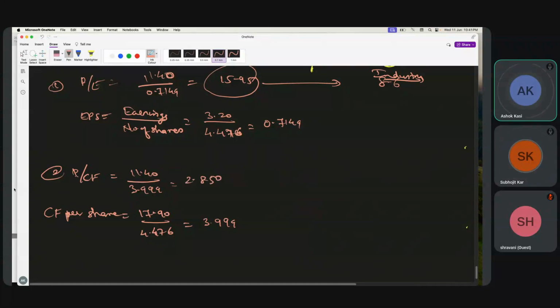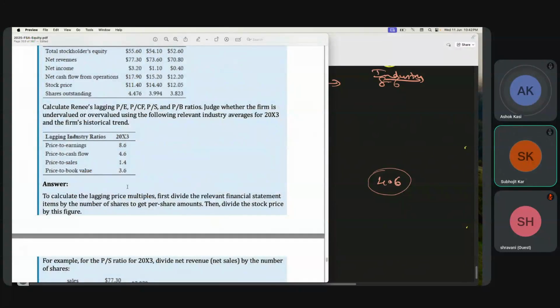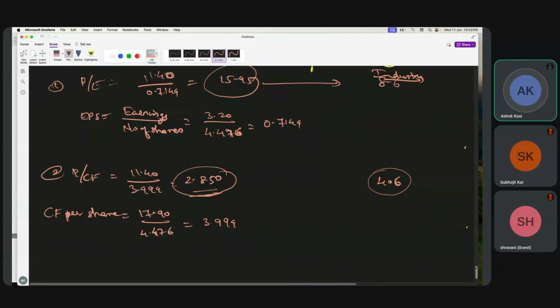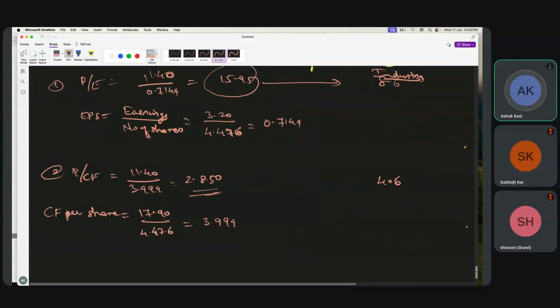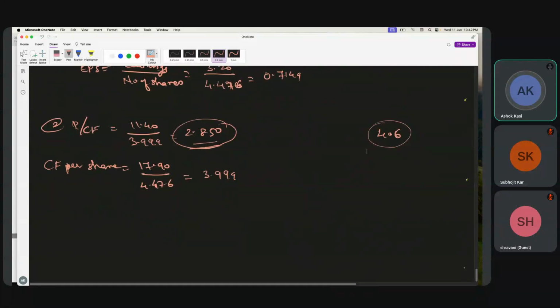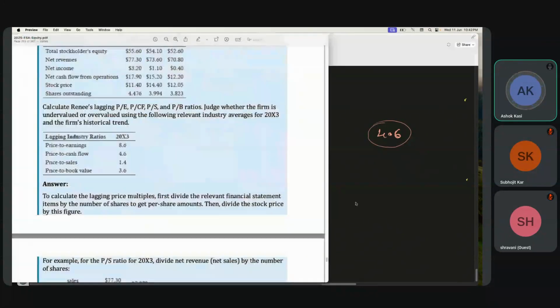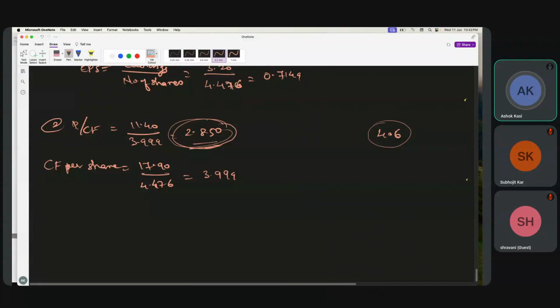The market one is 4.6. The 17.90 is the total net cash flow from operations. So price to cash flow is lower.